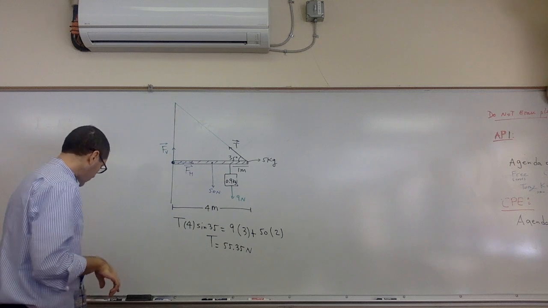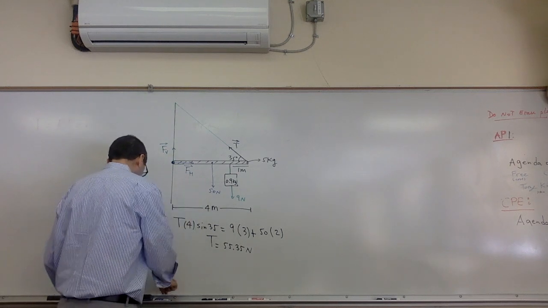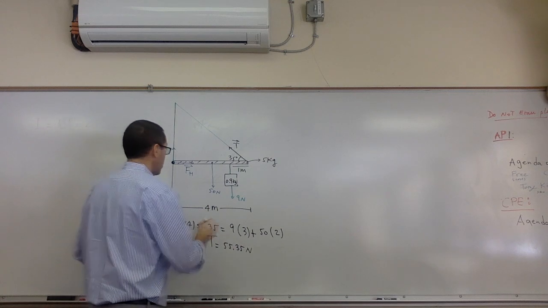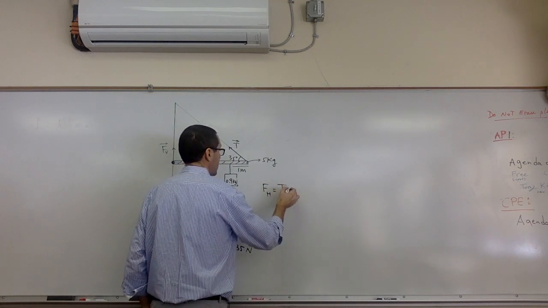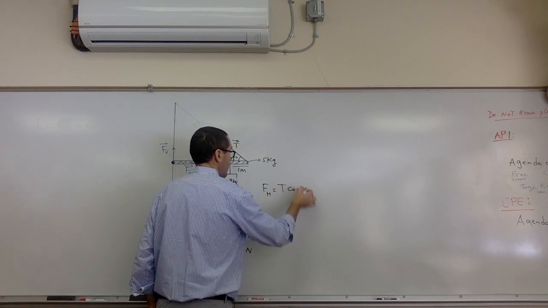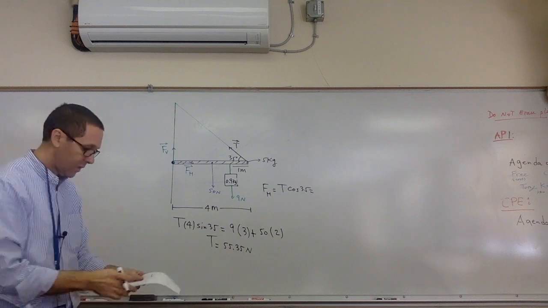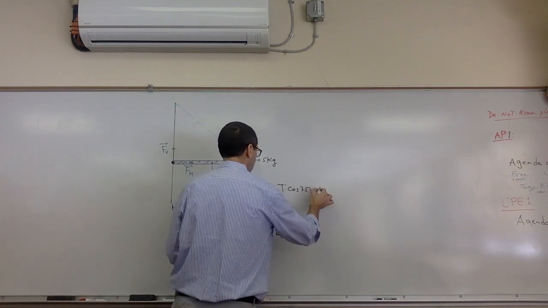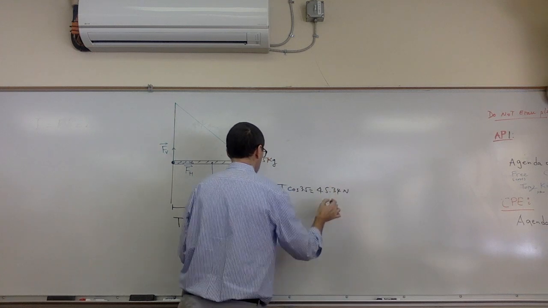Okay? So I think I can find this horizontal component easily. So F horizontal is just going to be T cosine of 35. And we already found the T, so that should be 45.34 newtons.